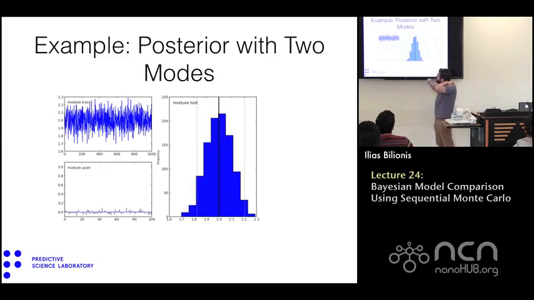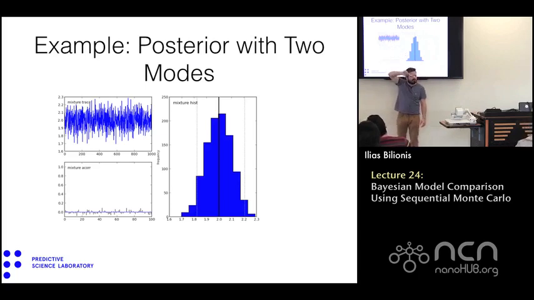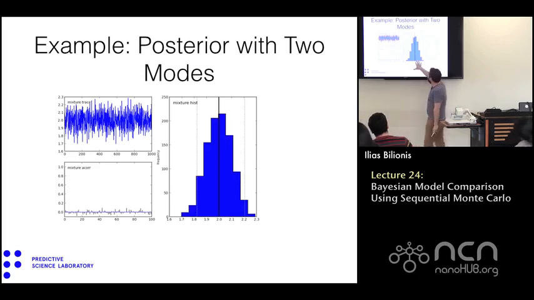You start doing MCMC, and if you look at the trace of your MCMC, you will see a very nice trace, just exactly what you want to see. You will see an autocorrelation plot that shows completely uncorrelated samples. You will see a very nice histogram.